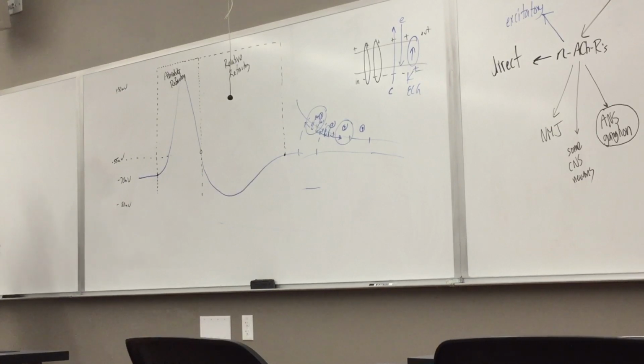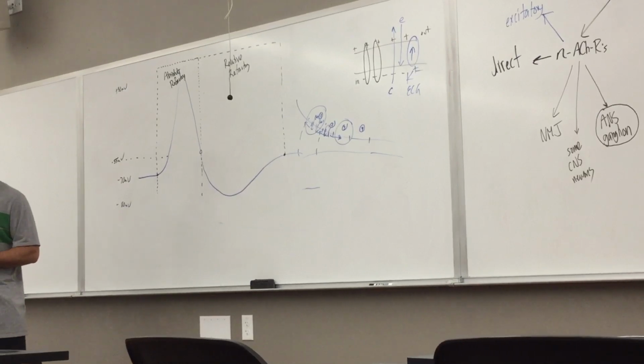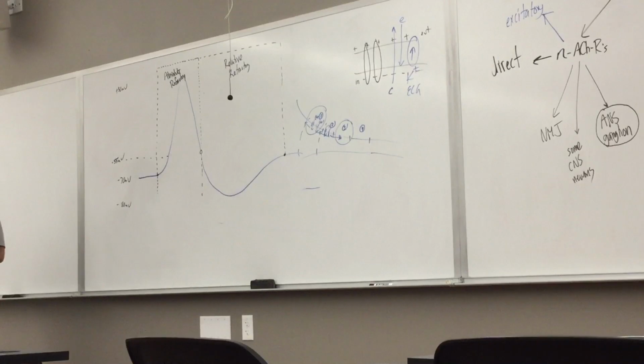So tell me what the closed state looks like when it's incapable of being opened. The activation gates are closed, and the inactivation gates are open. Good. And a channel that's closed but capable of being opened?